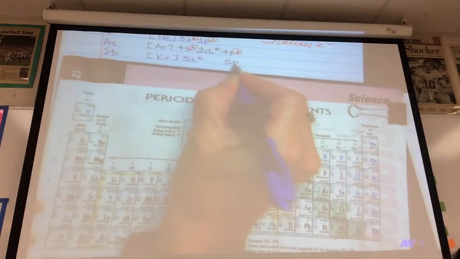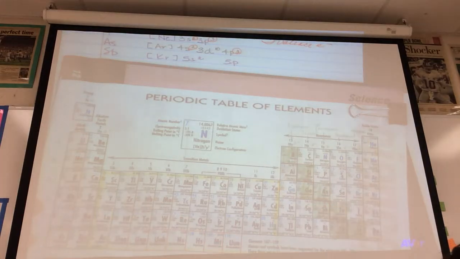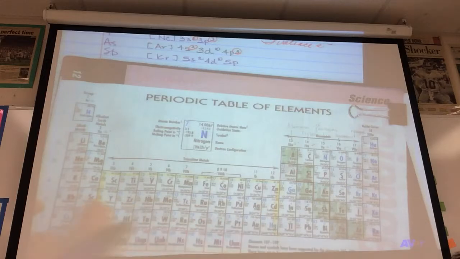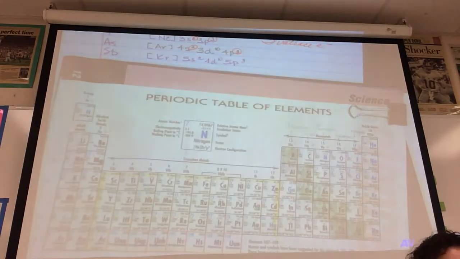What's between the S and the P? And the number before D is? Correct. So you've got to do 4D10. You can see the D right there. And this is 5P3. They're all going to end in P3 if they're in group 15. They're all going to have 3 unpaired electrons.